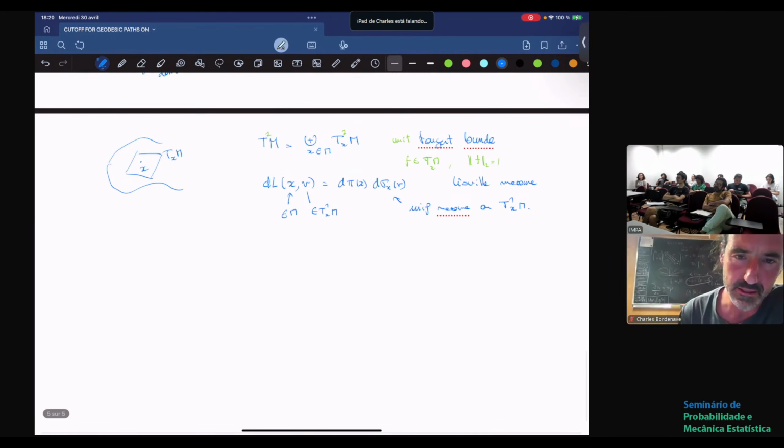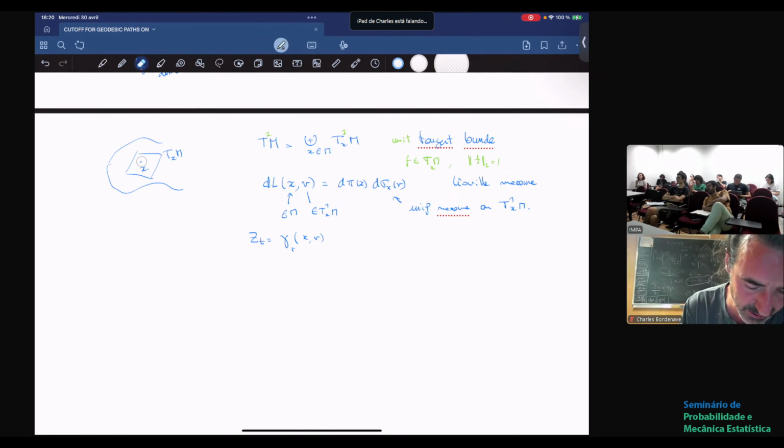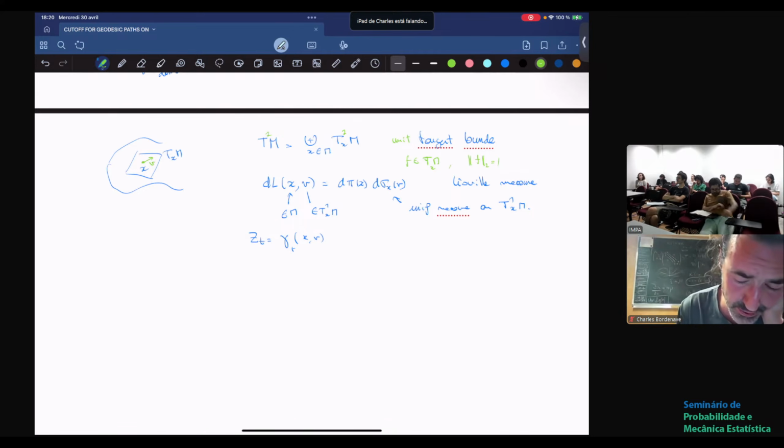And now you can define the geodesic flow, which is: you start from a point x, and you are given a direction v in the tangent space at x. Then you follow the flow during a time t.